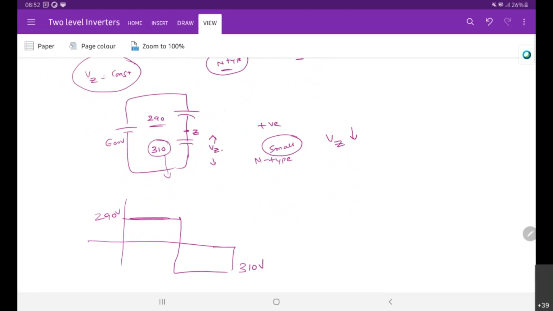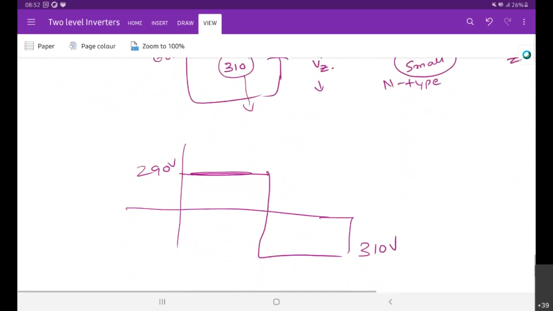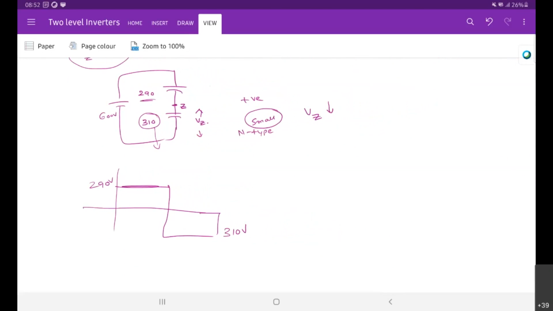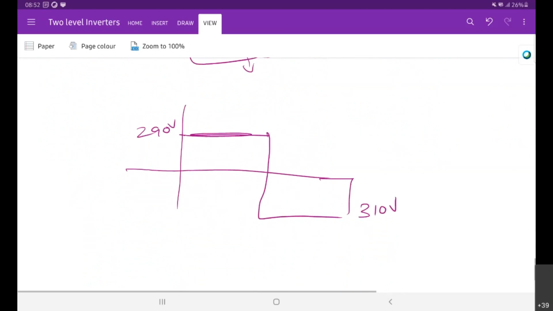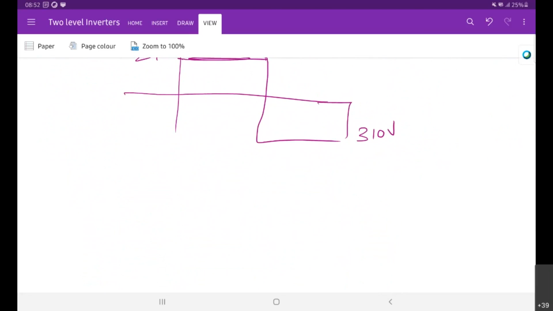To avoid the DC offset, we need to balance these. Clear? We'll discuss more on how to use P type and N type.